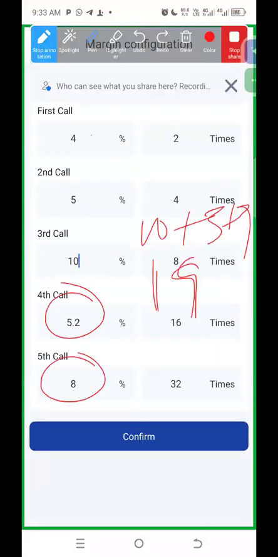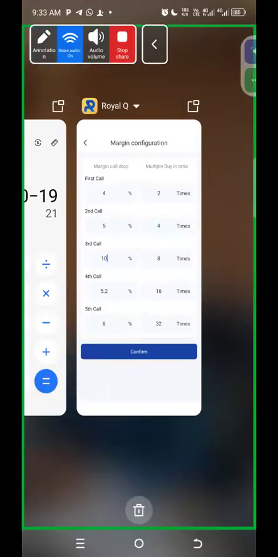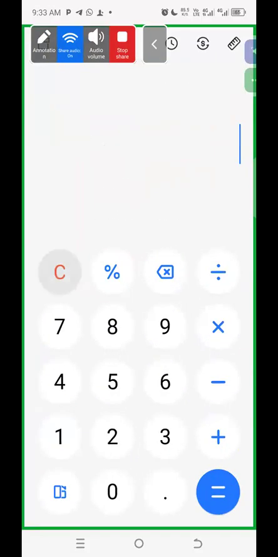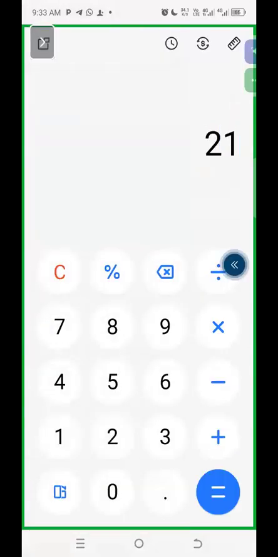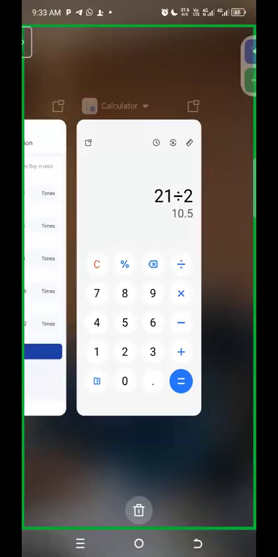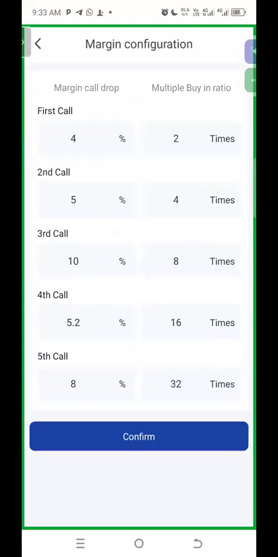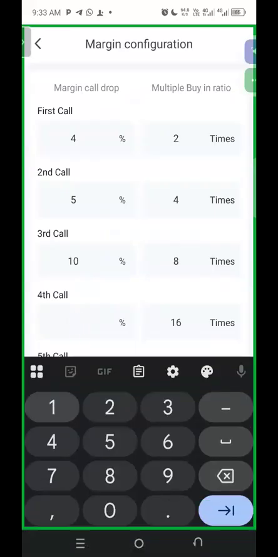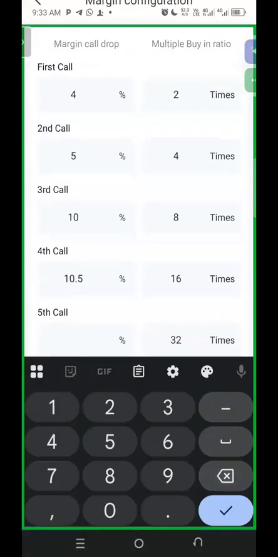It simply means I'm going to share 21 between these two. 21 divided by 2 is 10.5. So this place is going to be 10.5.